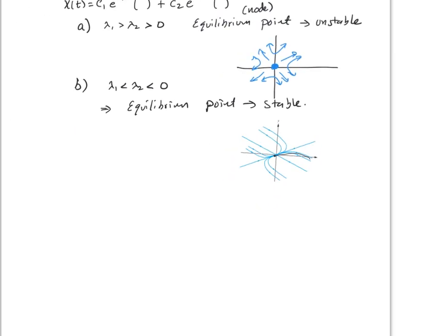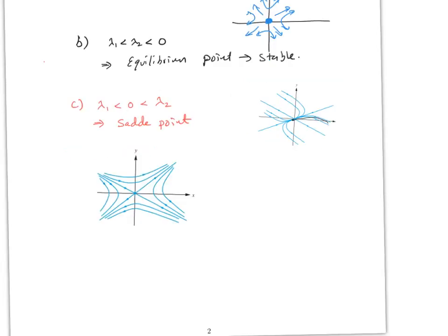Now a third case will be this, where one eigenvalue is positive and the other one is negative. So in this case, the equilibrium point is going to be called a saddle point. And it will look like this, where one set of the trajectories are converging to the equilibrium point, and the other ones are going away, or divergent.